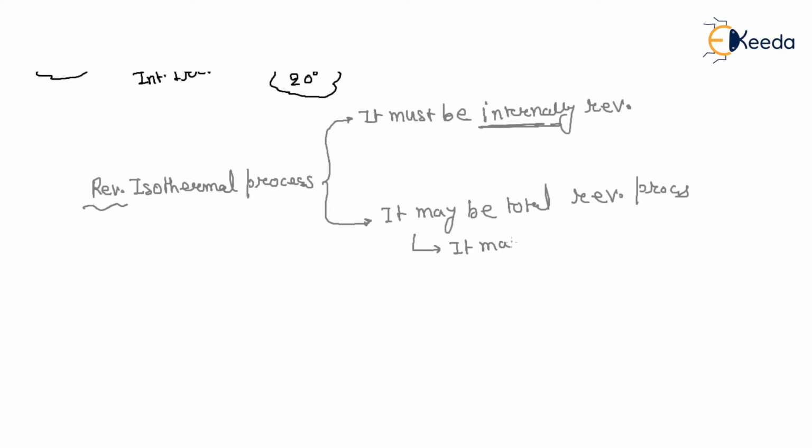It may not be totally reversible. Why? Because if there is a total reversible, that means internally and externally both are reversible.